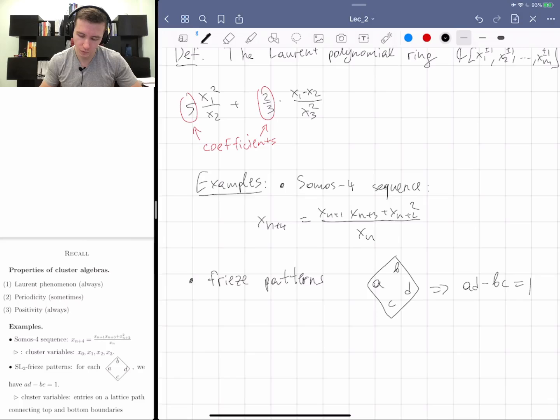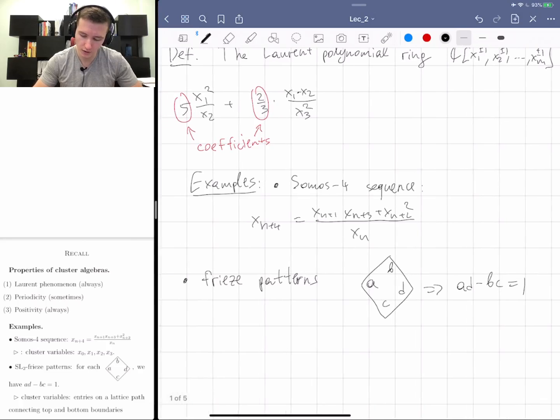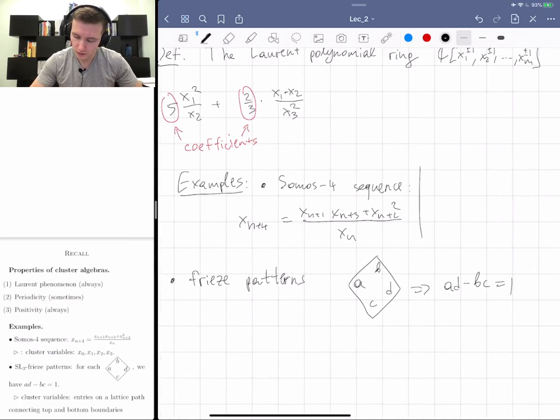In the first case, the cluster variables were just the initial conditions, x0, x1, x2, x3.